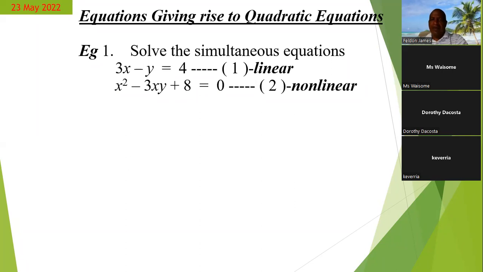All right, so from equation 1, we are making y the subject. So if you follow from equation 1, if you make y the subject, it means that we bring the y over on this side so that it becomes positive, and then we bring over the 4 on that side so the 4 becomes negative.